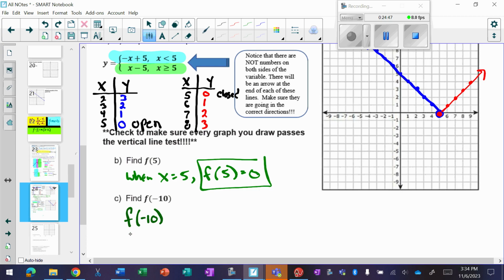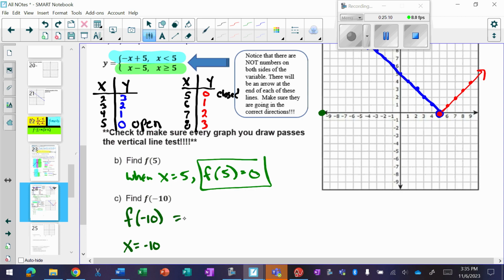Now, if we're talking when x is negative 10, which piece would I use, the blue or the red? Would negative 10 fall in the left side of the graph or the right side of the graph? Well, negative 10 is all the way down here. So that's going to follow the blue part, which is the left piece of my graph.